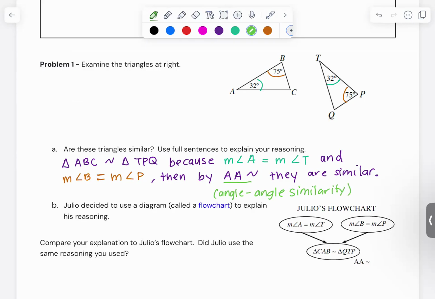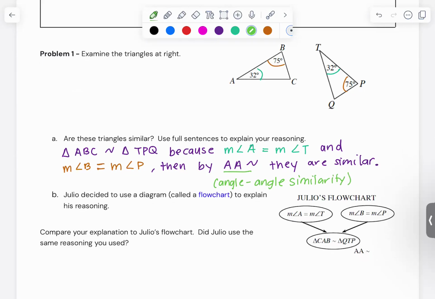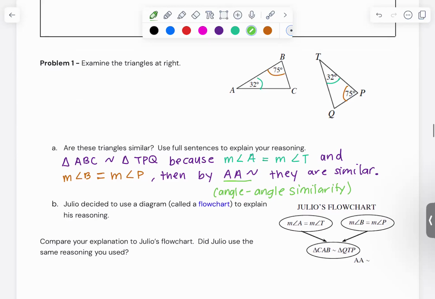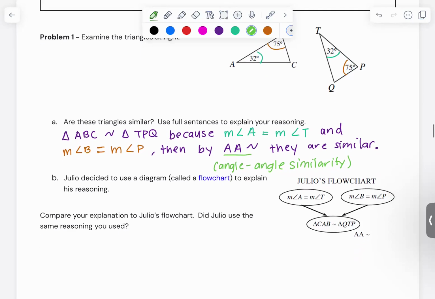All right. So Julio decided to use the diagram called a flowchart to explain his reasoning. Compare your explanation to Julio's flowchart. Did Julio use the same reasoning that you used? So looking at this, the measure of angle A and angle T are established right here. Measure of angle B and P are established right here.